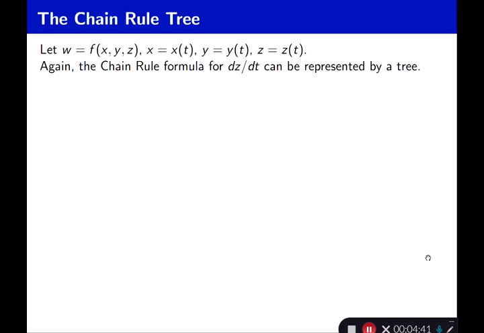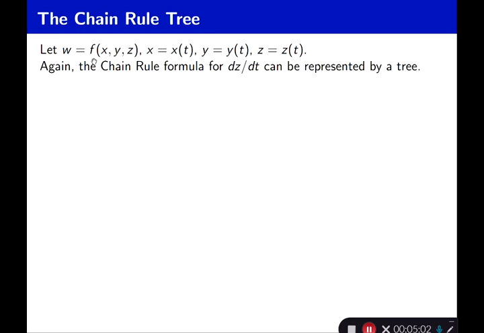Okay, now time to do the chain rule tree for a function of 3 variables. So let w be f of x, y, and z, and x a function of t, y a function of t, z a function of t. Again, the chain rule formula for the derivative of w with respect to t can be presented by a tree.